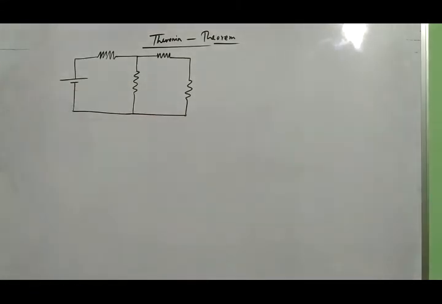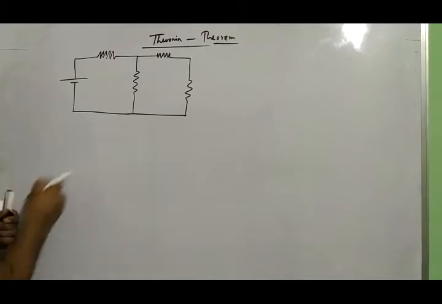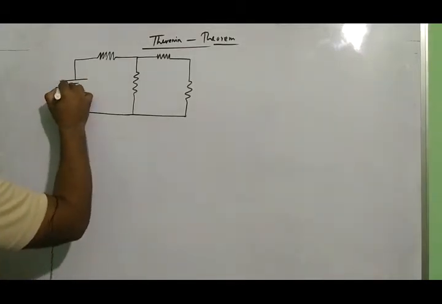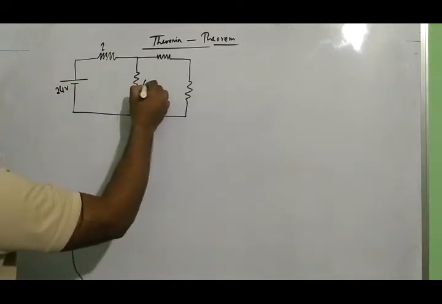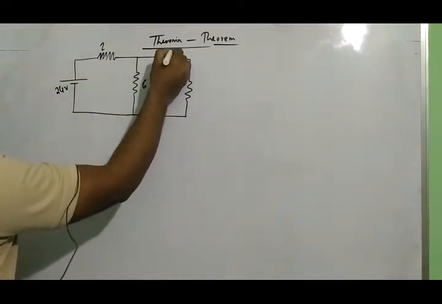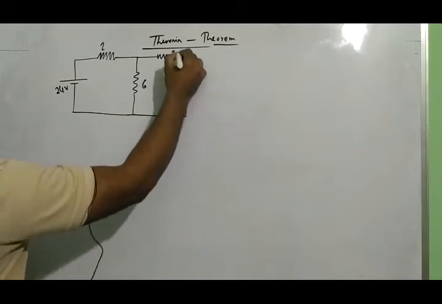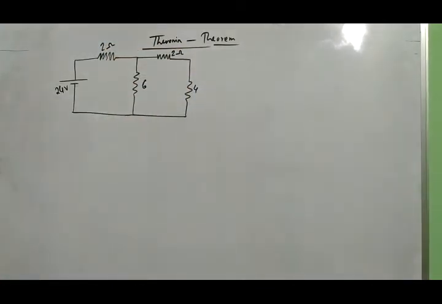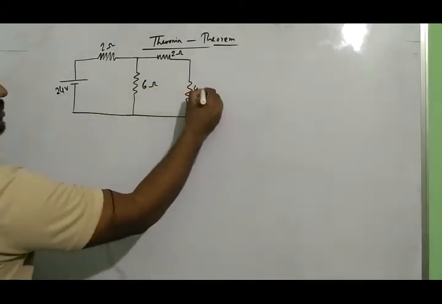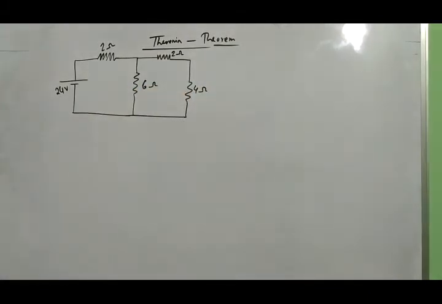I am taking one example. This value is 24 volt, like 2, 6, 2 and 4. That is also ohm, in ohm.